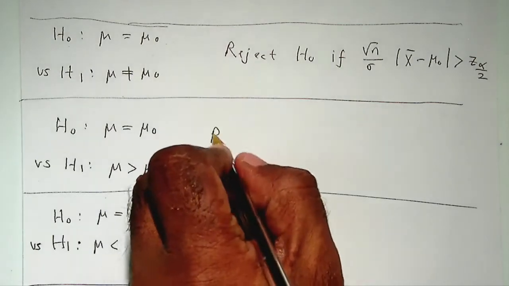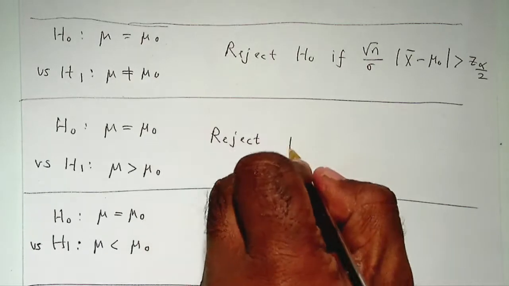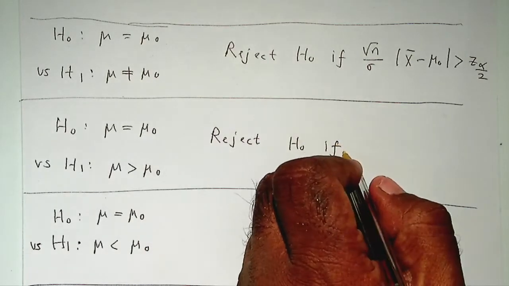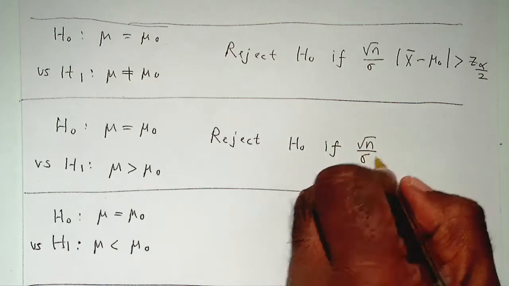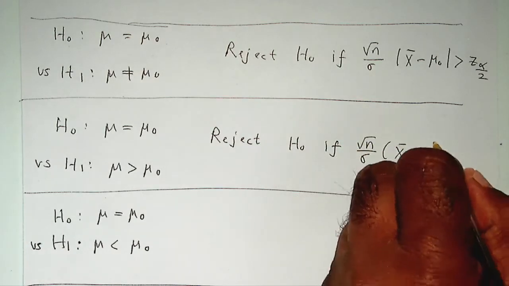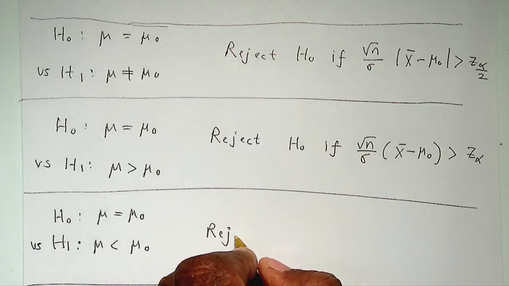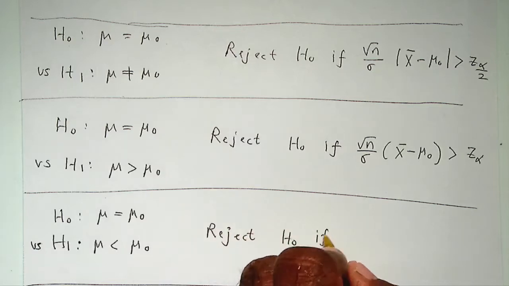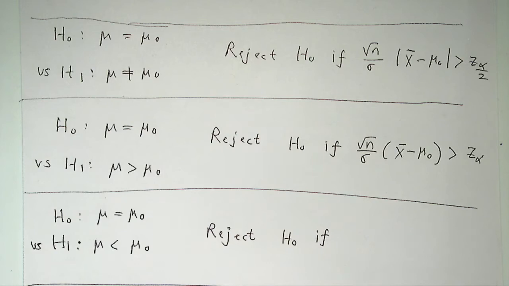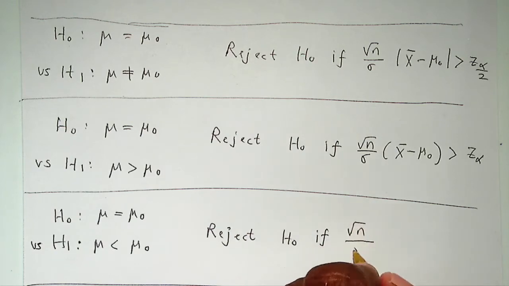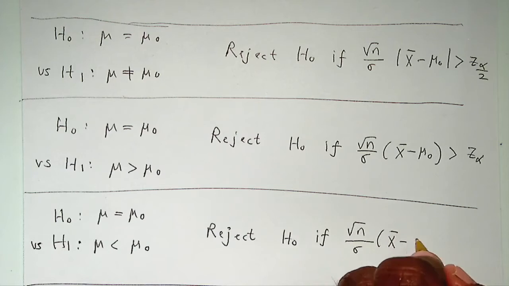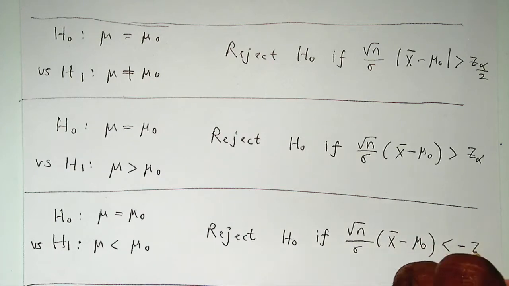And for the second one, right, so these are the three rejection rules corresponding to the three possible hypotheses, right?